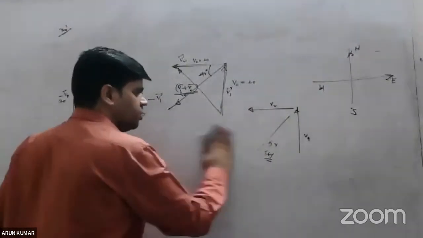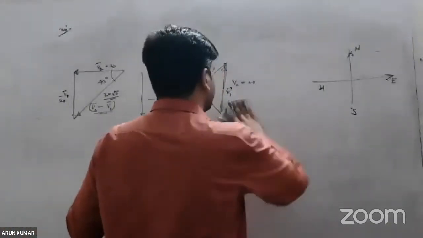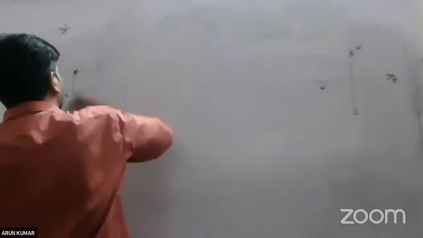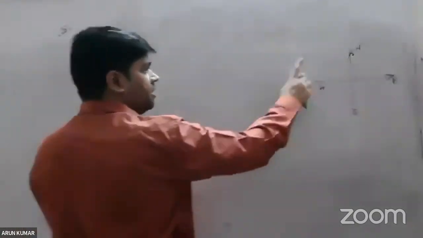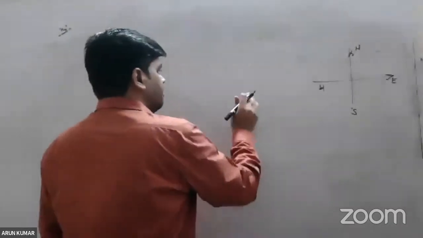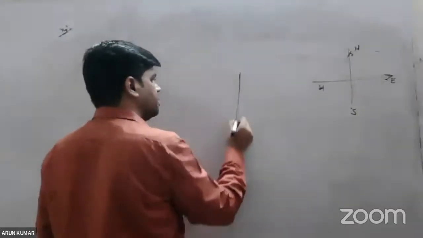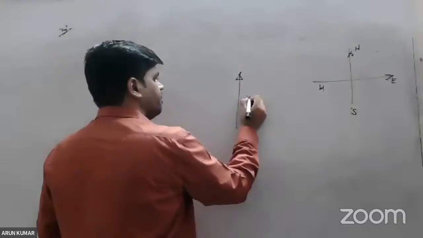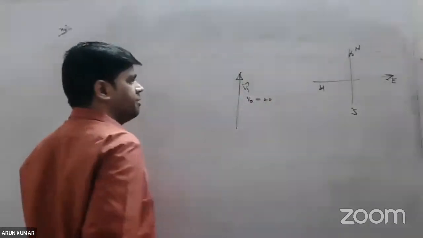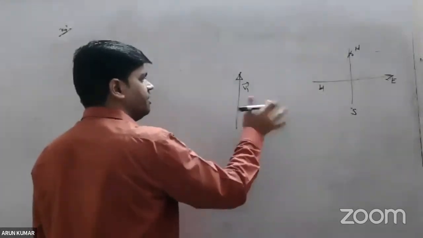Only one point I'm conveying here. These are the cardinal points: north, east, west, and south. The car was going towards north with a speed of 20. So the velocity vector is, let's say, v1 bar, and mod v1 is 20.